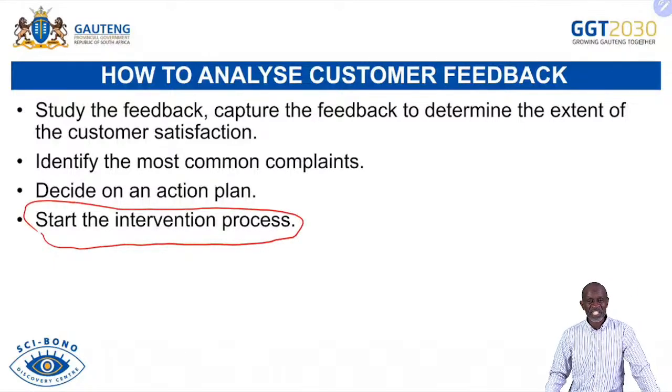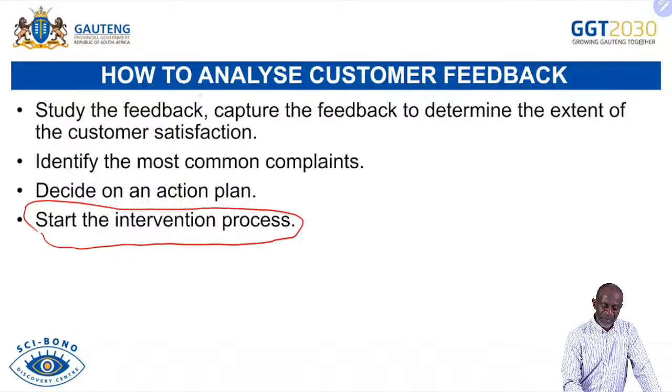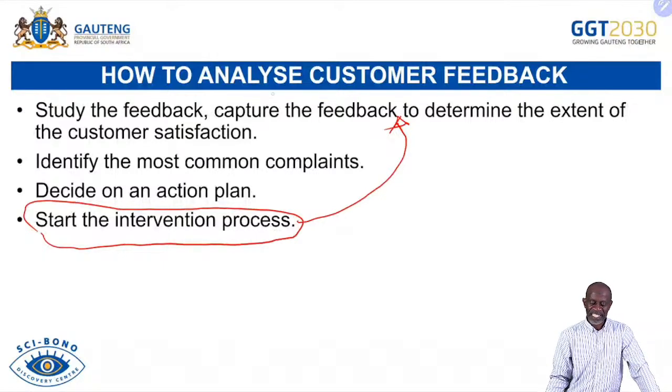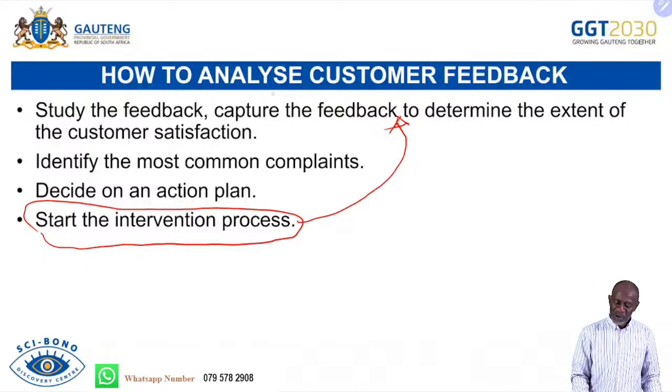Start the intervention process. So this last bullet must be preceded, or before it, you need to first study. You cannot start by intervening before you can study the nature of a complaint that you have received. So this should be arranged in this order.